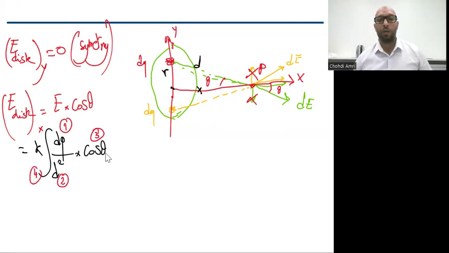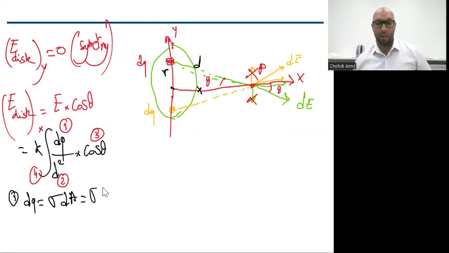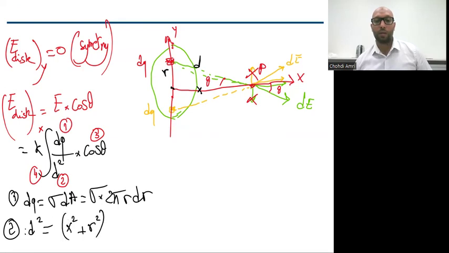At first we have dq. We are talking about surface charge distribution, so it will be sigma dA. dA, in our case, we are talking about a disk, that means 2 pi r dr. Second, d squared, in the right angle triangle, is x squared plus small r squared.